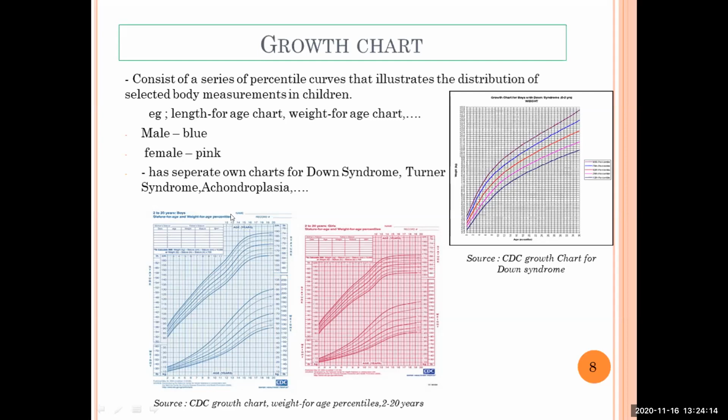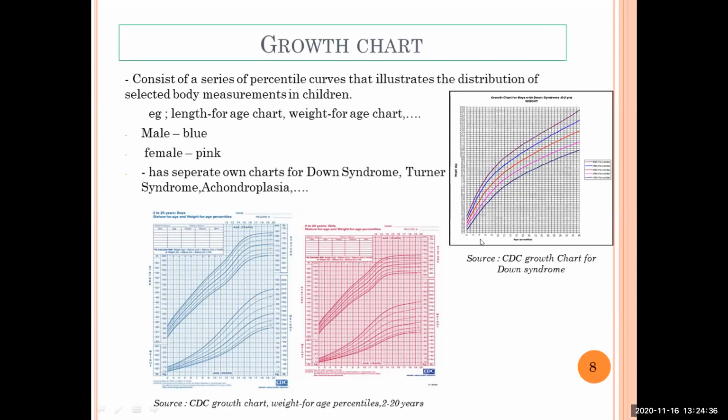And usually the male one is recorded in the blue one, and the female is plotted on the pink one. But in cases of Down syndrome, Turner syndrome, achondroplasia, and also low birth weight, we need separate charts. So this is the CDC growth chart for Down syndrome.